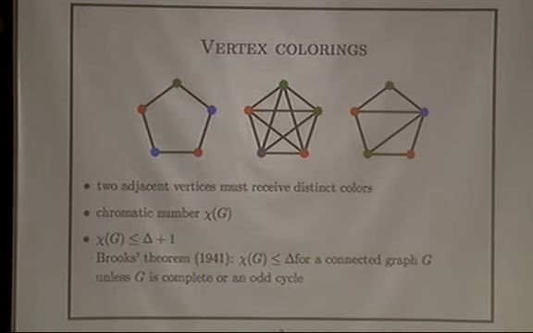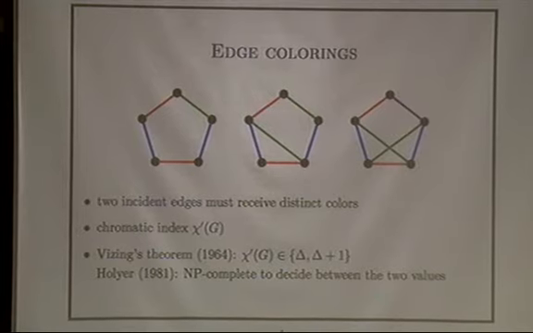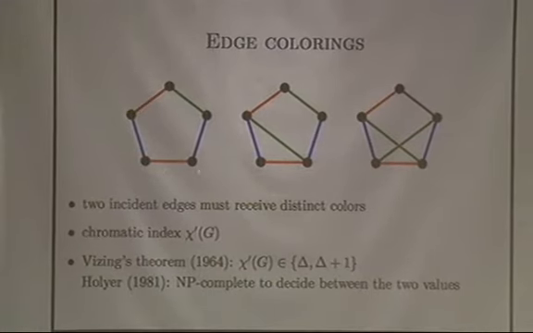So vertex colorings are probably the most studied concept of colorings in graph theory, and another quite well-studied concept is edge colorings, which is the concept where we want to color the edges. So we're coloring the edges of a graph in such a way that whenever 2 edges share a vertex, they must receive distinct colors. So for instance, in this graph, these 3 edges must receive distinct colors.